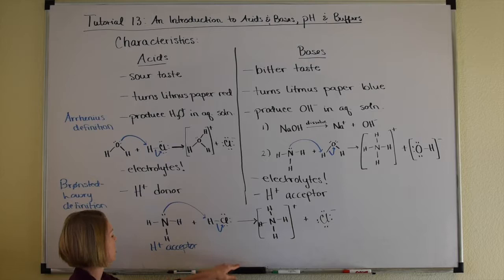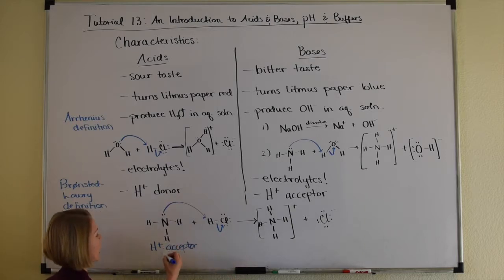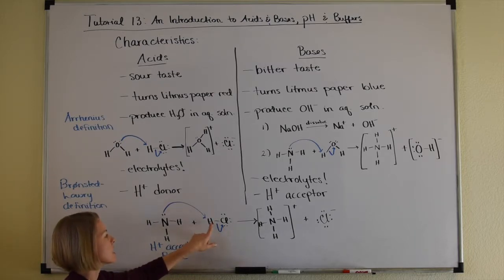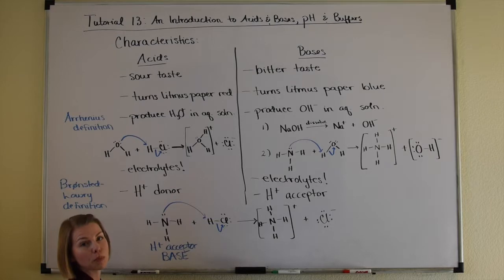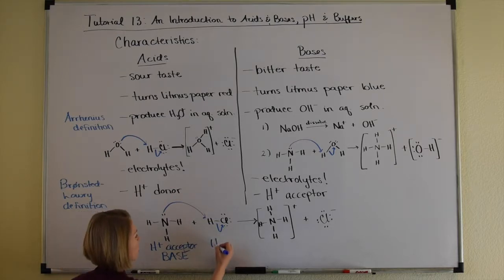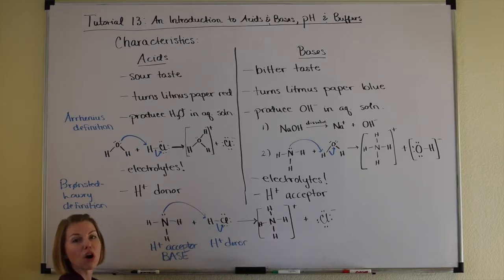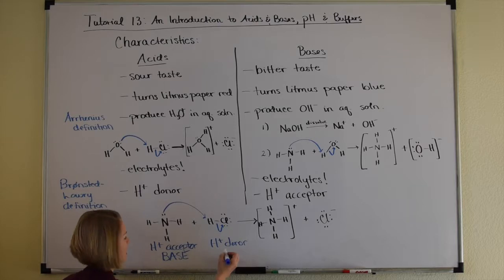So that is the definition of the Bronsted-Lowry base. HCl is losing the H plus. It is the H plus donor. And that is the definition of a Bronsted-Lowry acid. I'm going to write acid here.